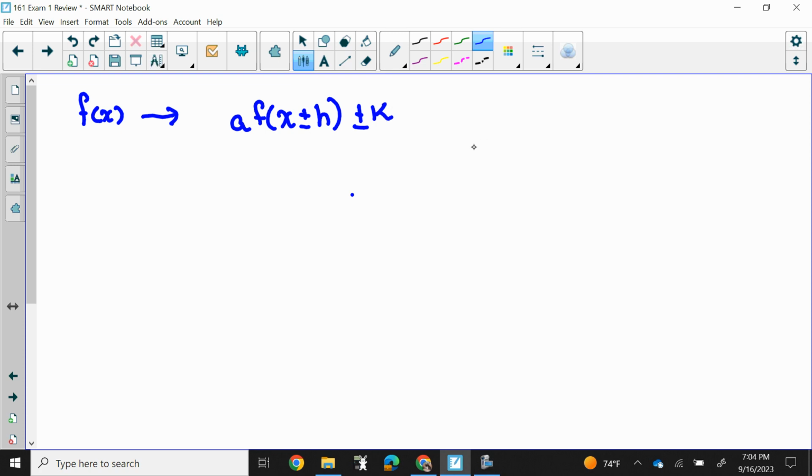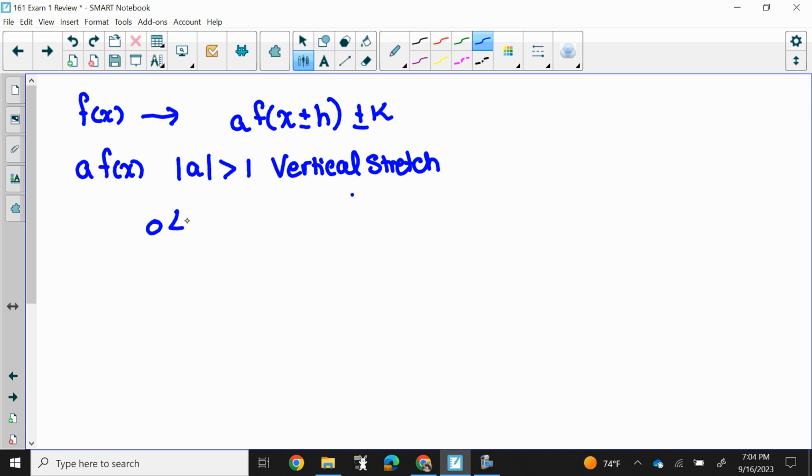So if we have a times f of x, all you have to do is just break this apart. If the absolute value of a is greater than 1, then that is a vertical stretch. And if the absolute value of a is between 1 and 0, right?